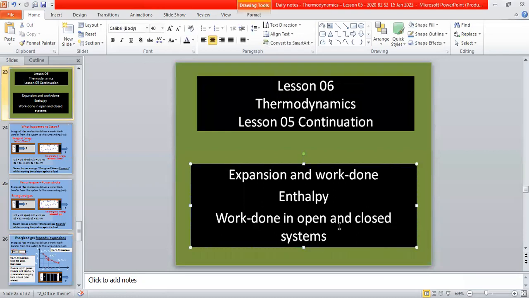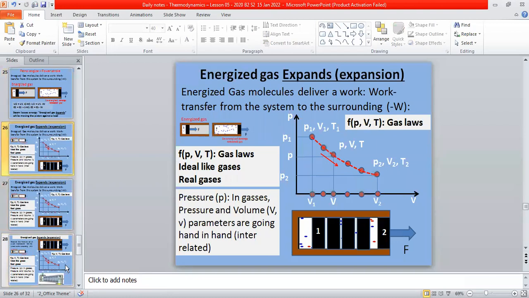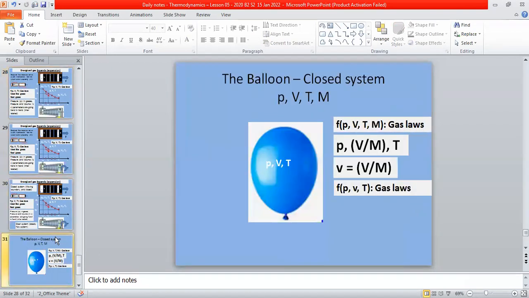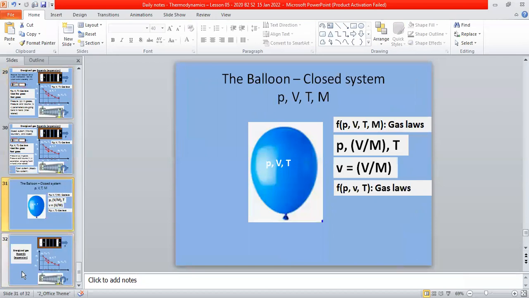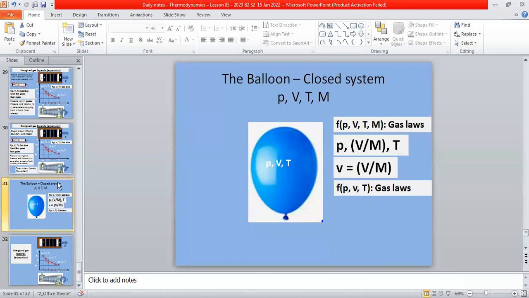Today, I didn't talk about the enthalpy yet. Expansion and work done, the relationship, the connectivity I have shown here. But this beauty of P and V connectivity is very important.